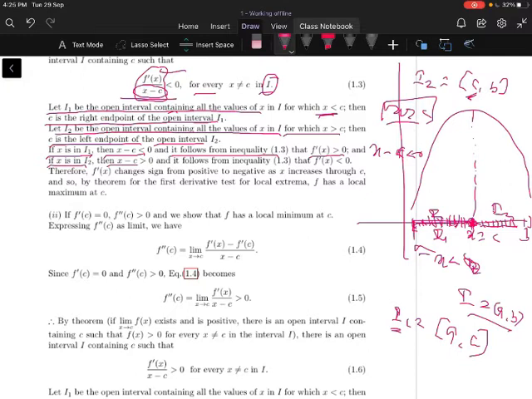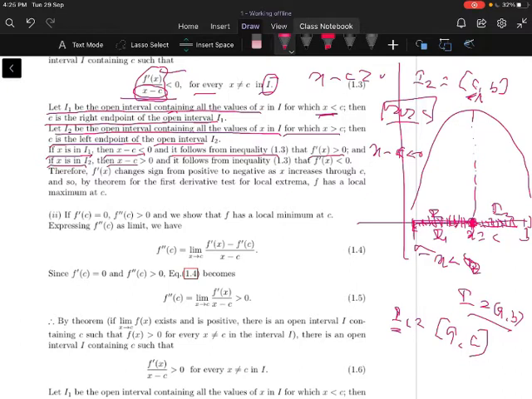Then if x is in I2, then x minus c is positive. You can observe that this is the point c. So I2 contains x values in the interval c comma b. So x is greater when compared to c. Therefore x minus c is greater than 0.